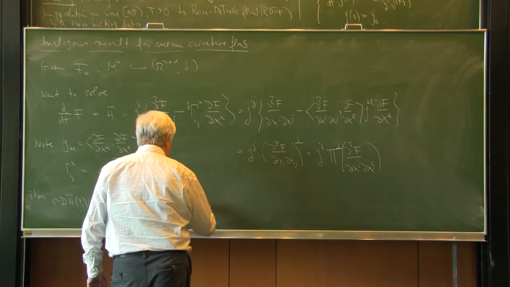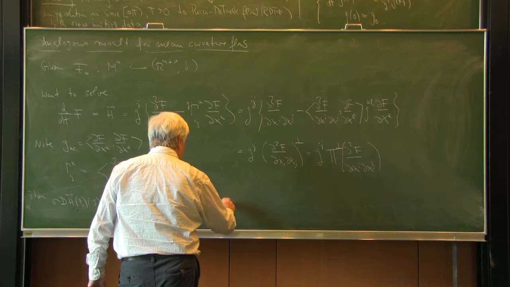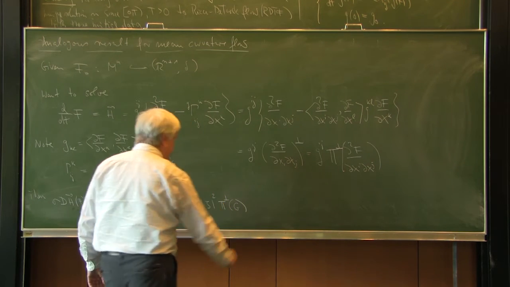So this is theta squared times the normal projection of the variation g.